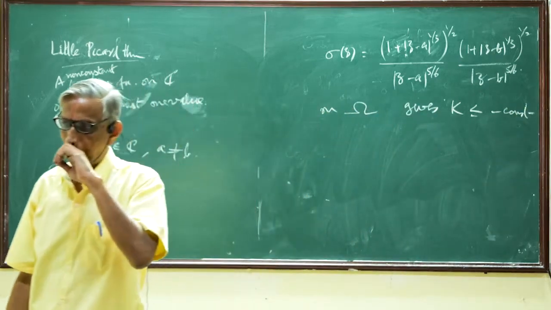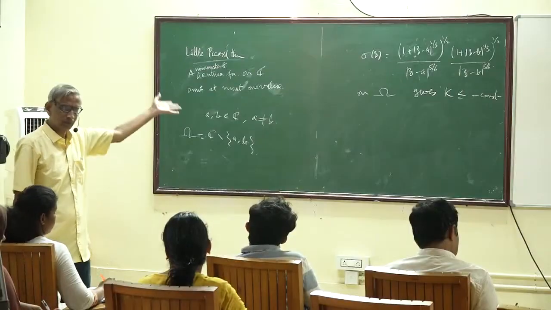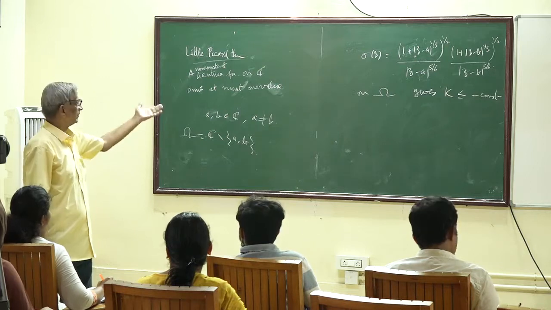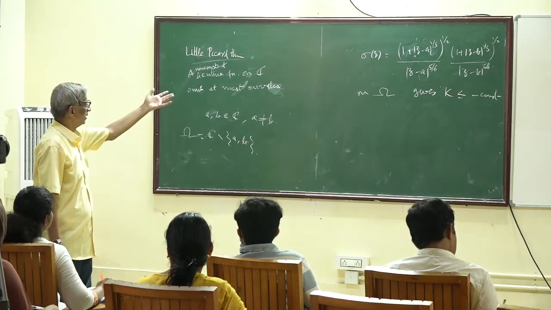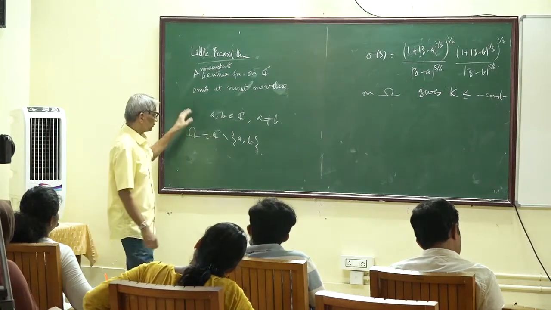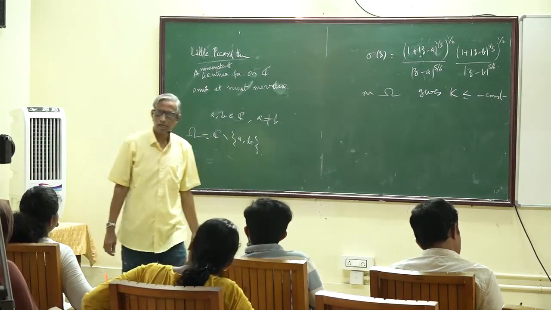So the conclusion is that any analytic function from C to omega has to be a constant.